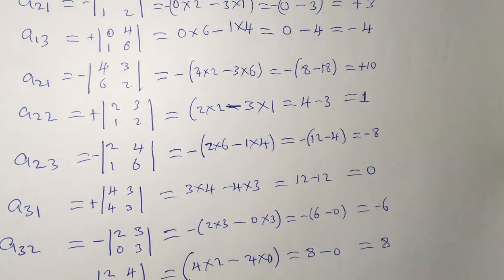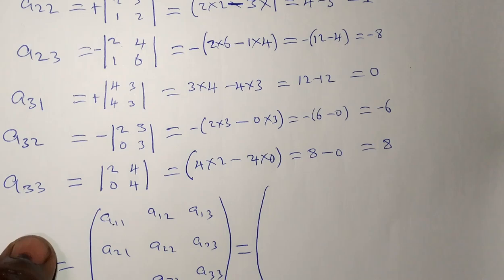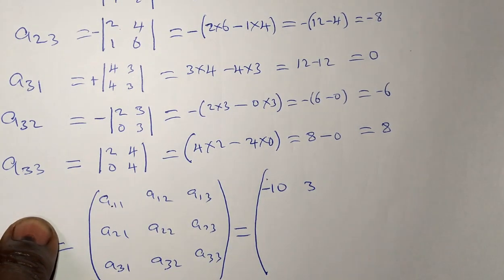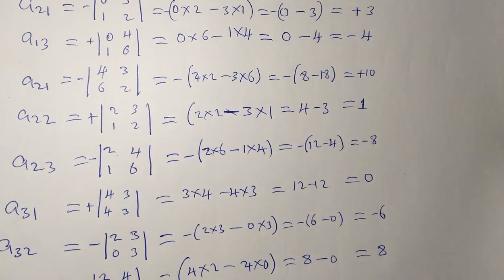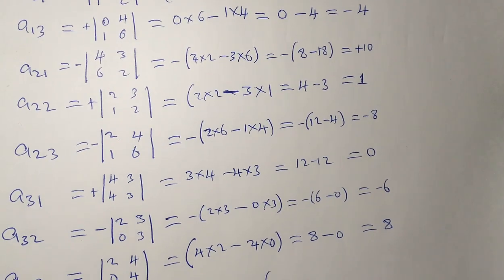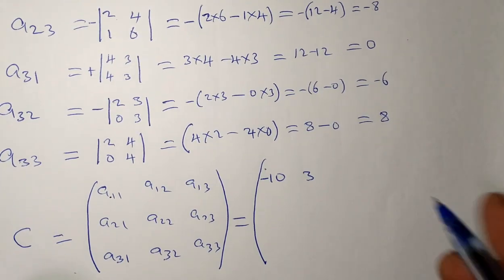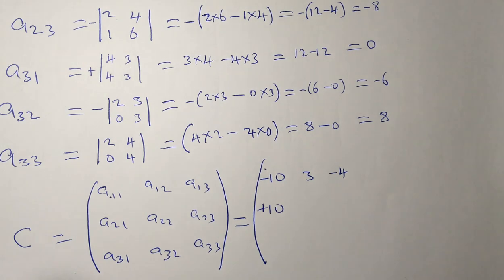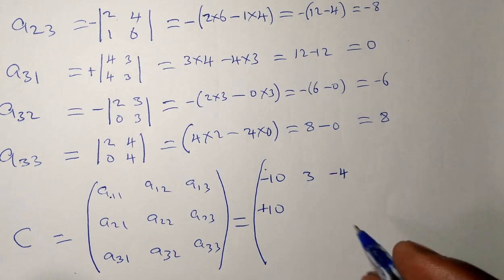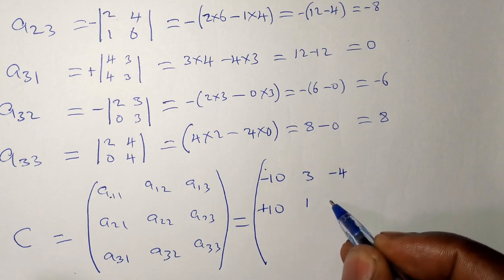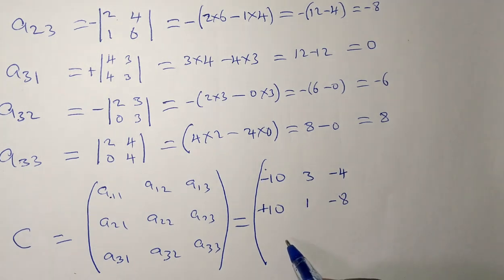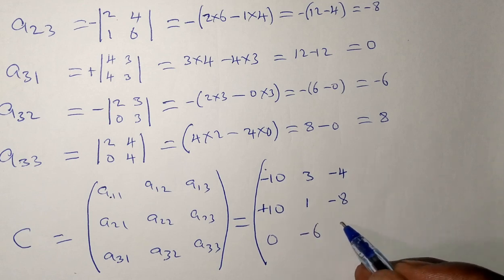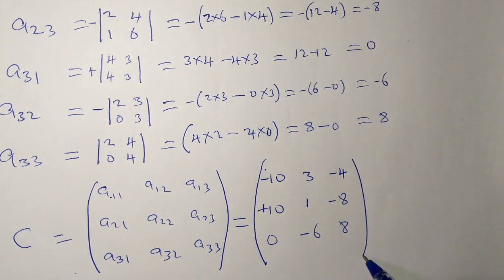A12 is 3. Followed by the next one, minus 4, plus 10, and then the other one is plus 1, then minus 8, then this is 0, this is minus 6, and then the final one is 8. So this is how we calculate the adjoint of a matrix.